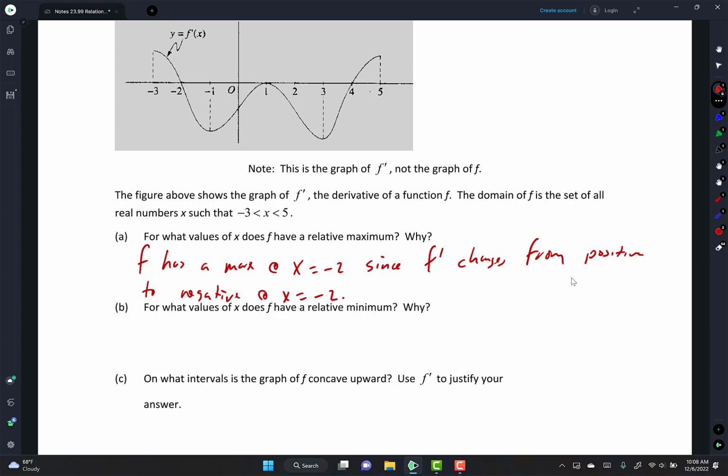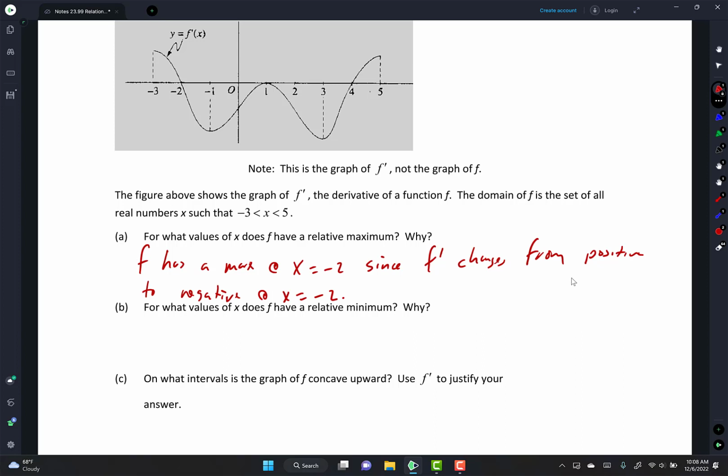Letter B. For what values of x does f have a relative minimum? 4. Why? Because it goes from negative to positive. Okay, don't say the word it. F prime values go from negative to positive. You can just say f prime. Avoid the word it. Do not say, as a matter of fact, do not say the word it, because if you say the word it, it's going to be wrong. You're not being specific.